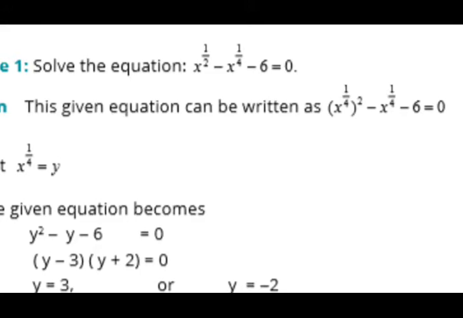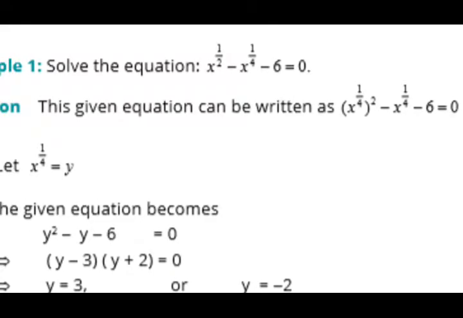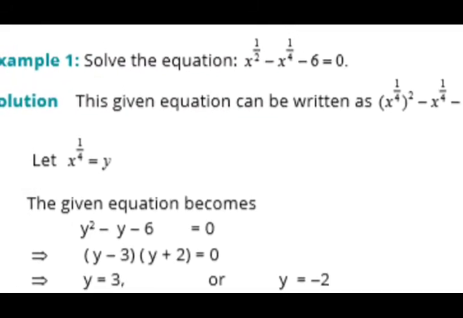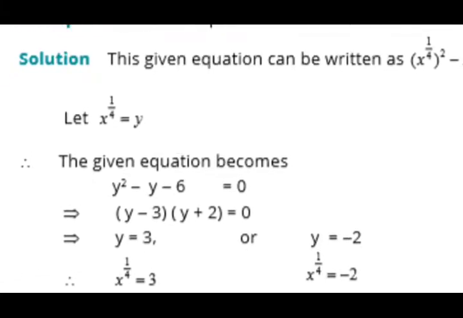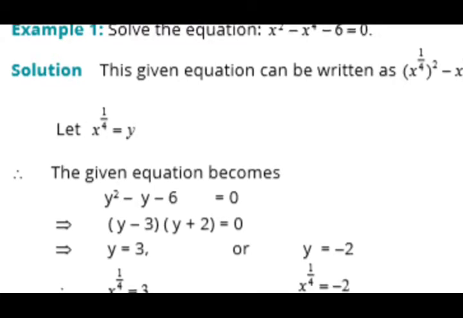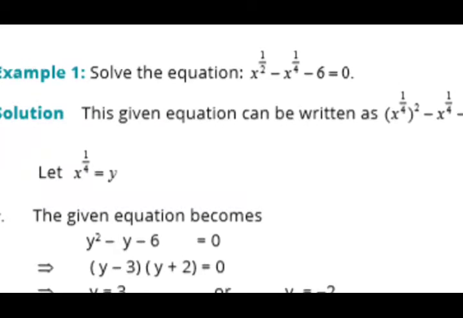Given the equation, we make the same form and then we let x raised to the power 1 by 4 equal to y. Now it becomes y square minus y minus 6, so it is quadratic, and then we factorize this.